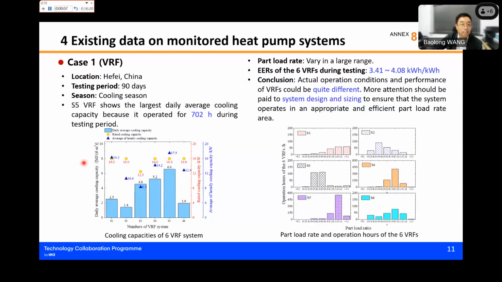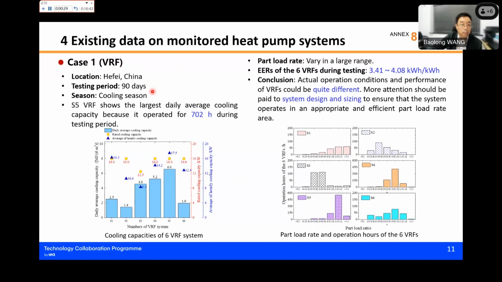For the existing data, actually here I just show you two cases, but in the full report you can get more cases. If you want to get that, you can go to the Annex 88 website. The case one I show you here is a VRF testing result.